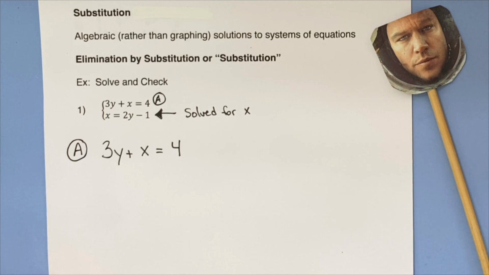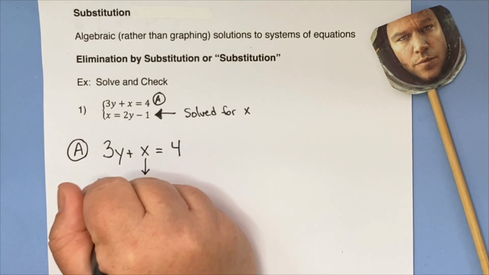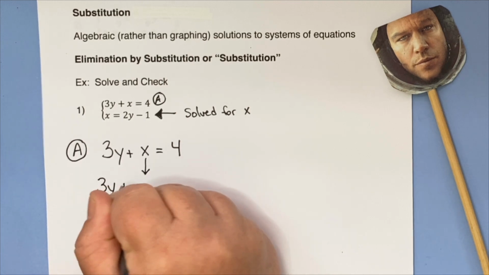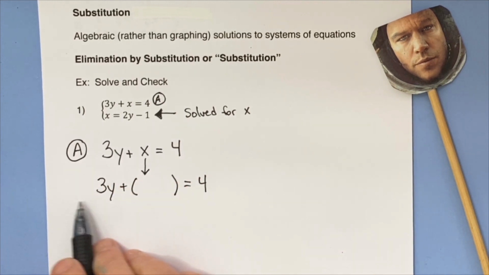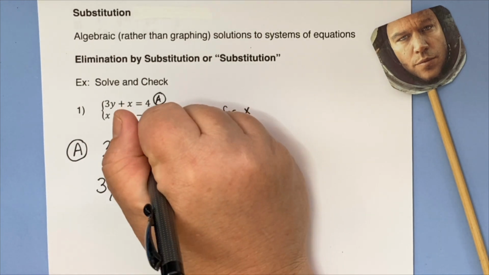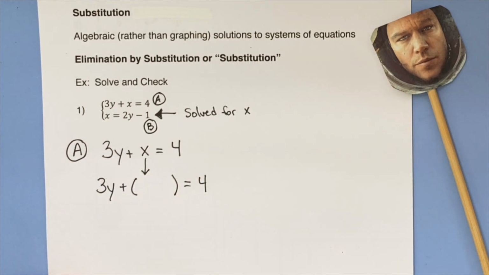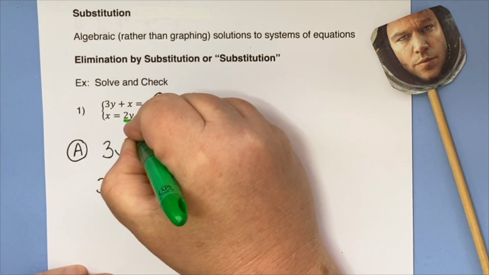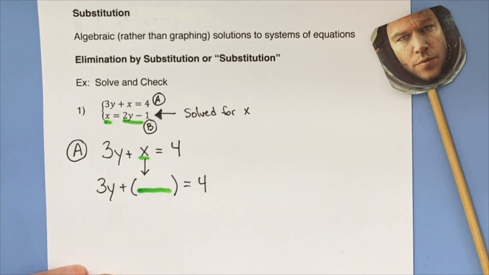And what I'm going to do is in place of the x in the a equation, I'm going to put parentheses. So this is still basically the outsides of the a equation, but I'm going to take my b equation, and where it says that x equals 2y minus 1, I'm going to put that right in there, right where that x is.